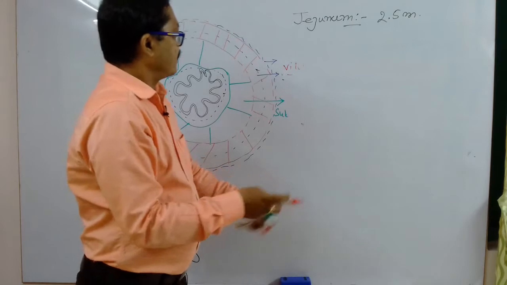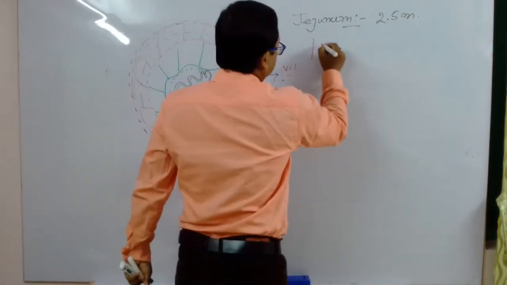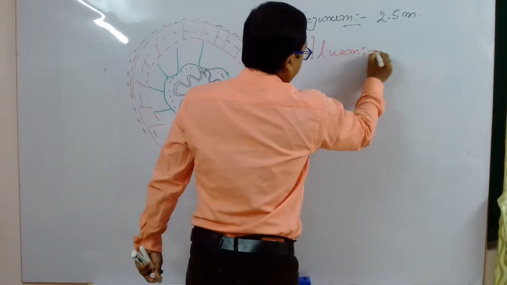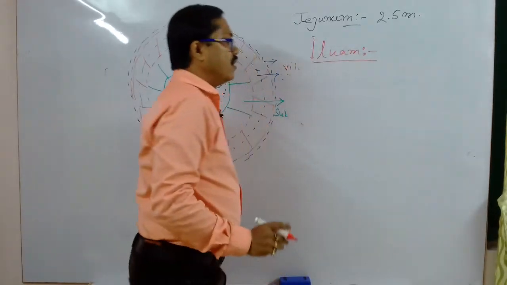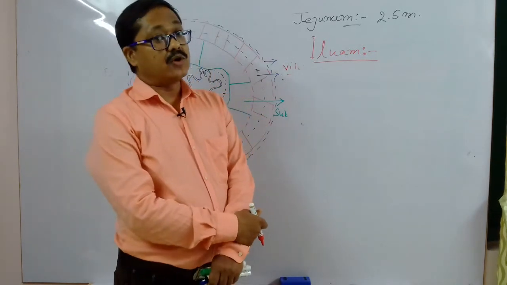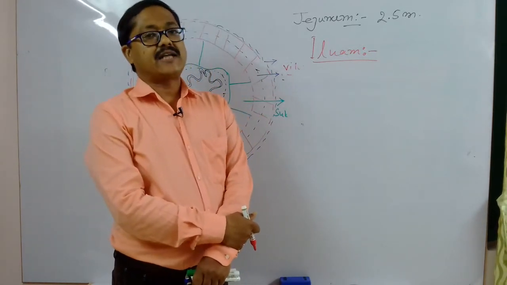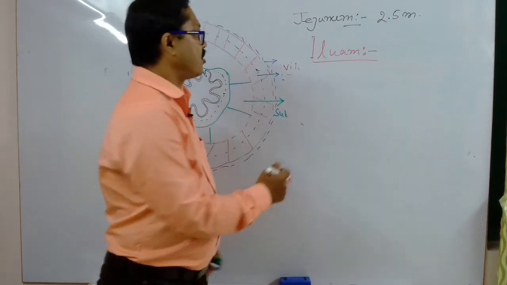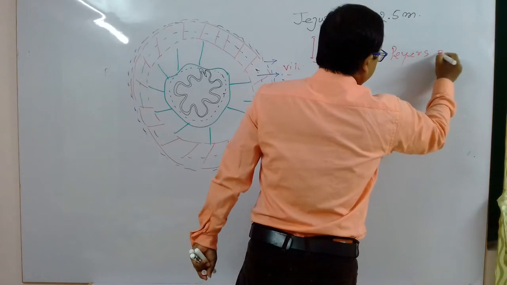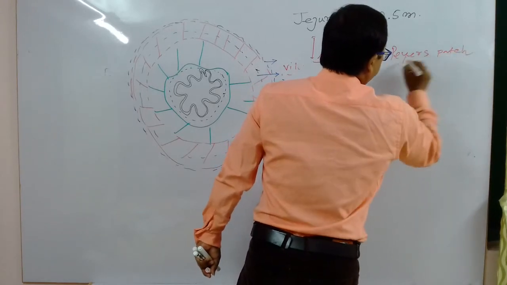Ileum. The mucosal zone, the lamina propria of the ileum contains a special type of lymphoid tissue called the Peyer's patch.